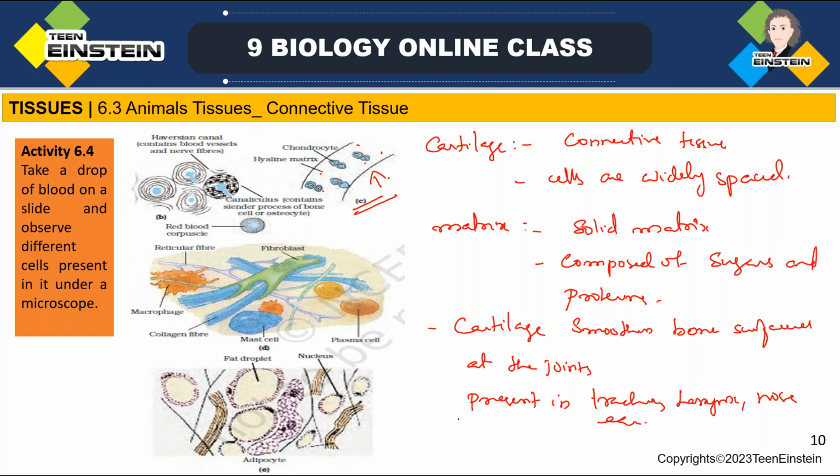What is the difference? Cartilage is making the bone surface smooth at joints, right? So cartilage is present in the ears, nose and all. That ear we can fold. We won't get any pain while folding, up to a limit, right?